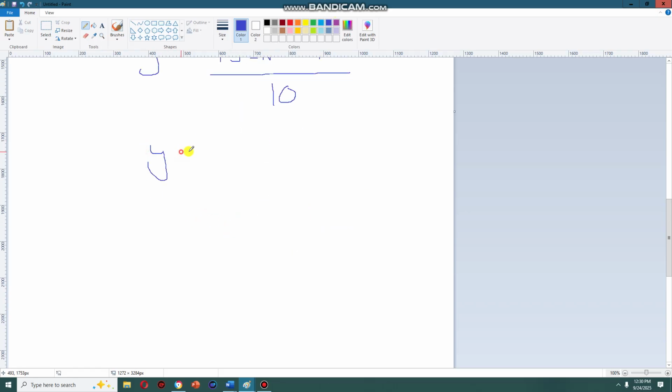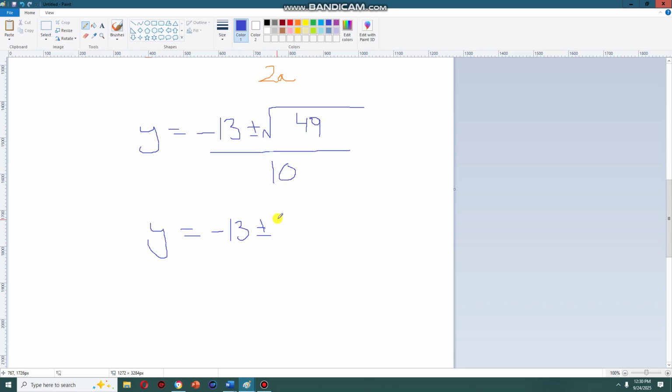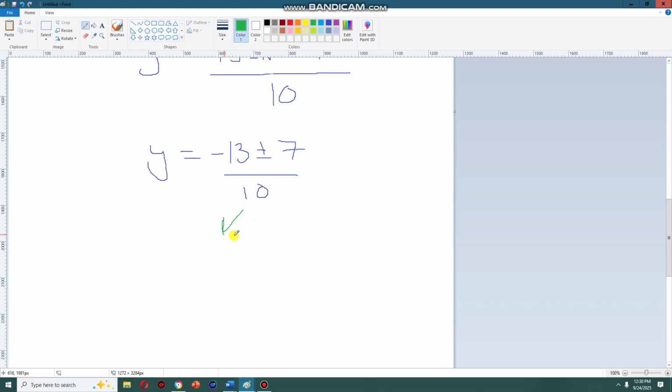Y is equal to, again, minus 13 plus minus, and what's the square root of 49? It's 7. 7 times 7 is 49. All divided by 10. Alright, now let's quickly divide it up. So on this side I'll do minus 13 plus 7, all divided by 10.